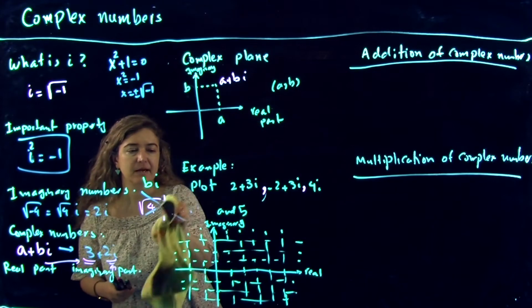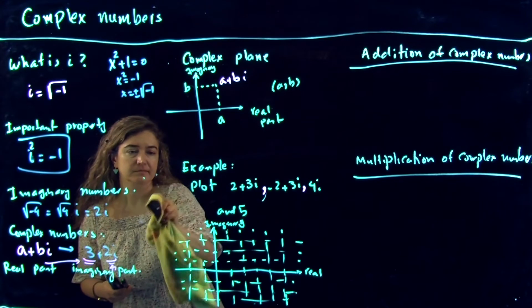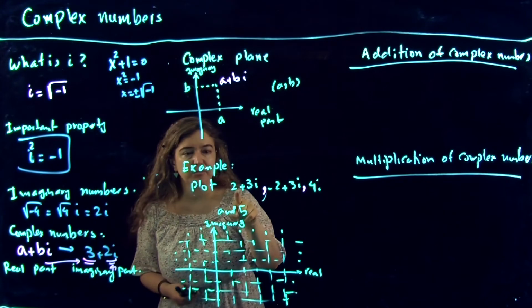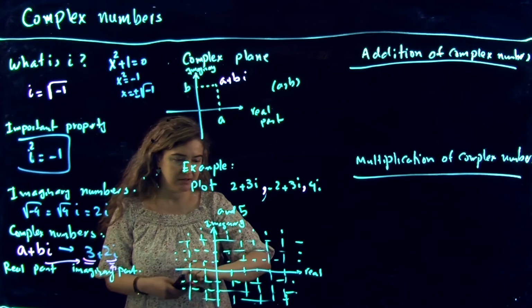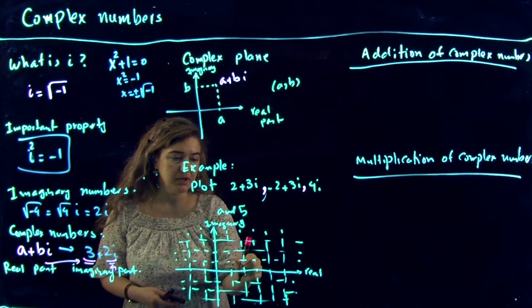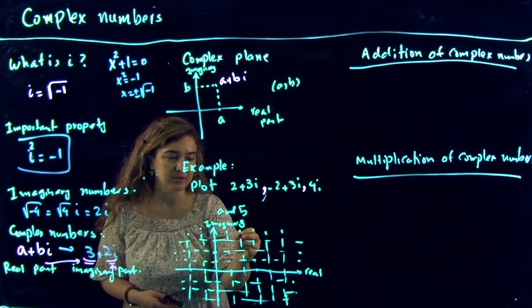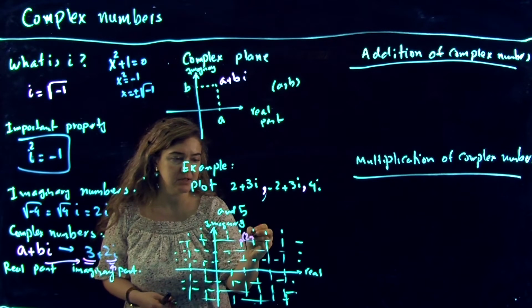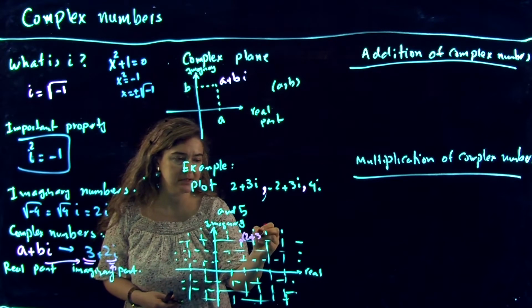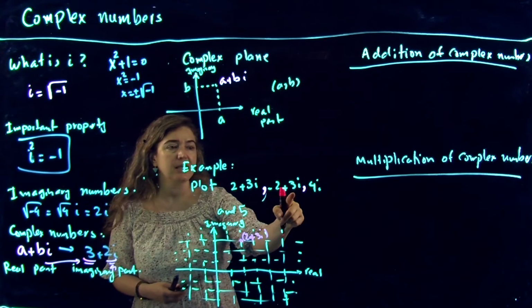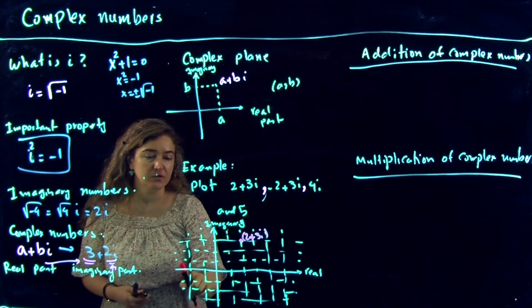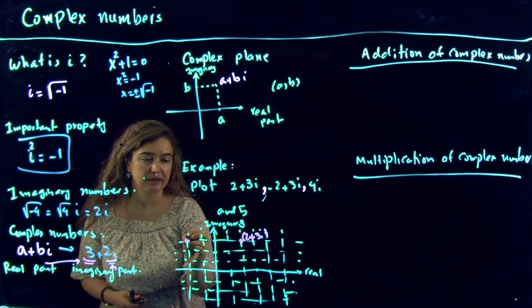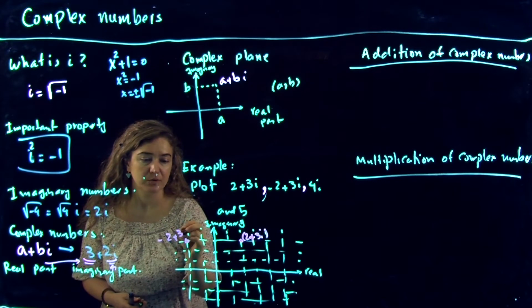Let's do a few examples. For example, if I want to plot 2 plus 3i, 2 is the real part, 1, 2, and 3 is the imaginary part. So this is the point 2 plus 3i. And then if I want to plot negative 2 plus 3i, negative 2 over here, and negative 2 plus 3i.